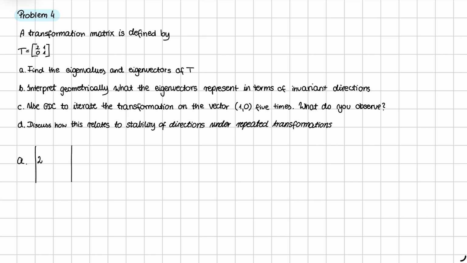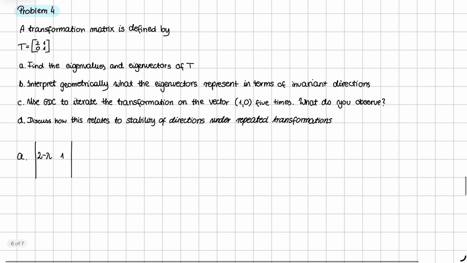However, from the first value we have to subtract lambda, then we have 1, so we leave it as 1, then we have 0, and from the last value we have to subtract lambda as well, and this is equal to 0.